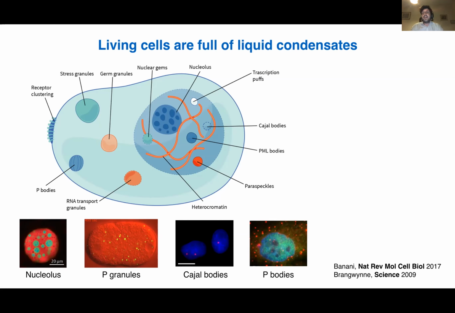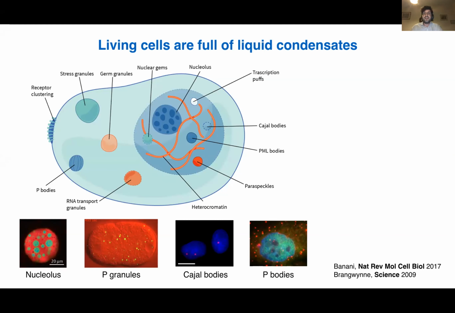Typically, you would think that many of these organelles are surrounded by a membrane, and indeed, this is the case. For example, the nucleus is surrounded by a membrane, which contains genetic material, as are mitochondria, etc. Nevertheless, it turns out that there are a lot of organelles which are not surrounded by a membrane.